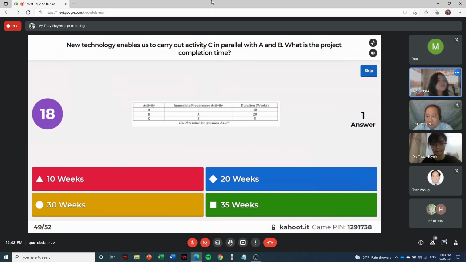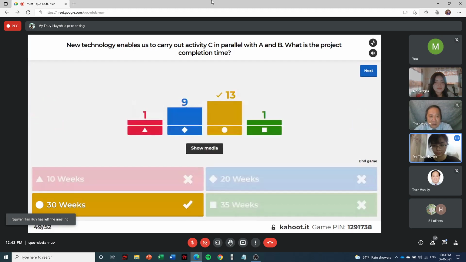So, new technology enables us to carry out activity C in parallel with A and B. So what is the project completion time now? Yeah, it's 30 weeks.